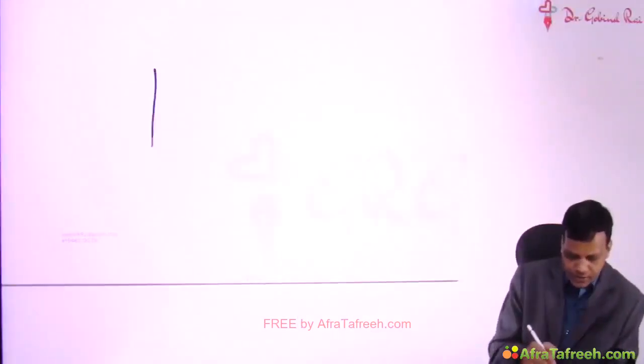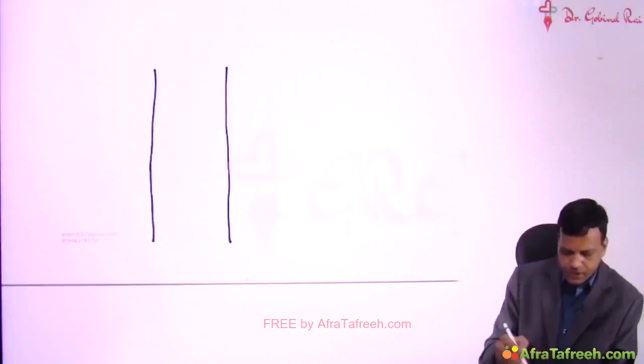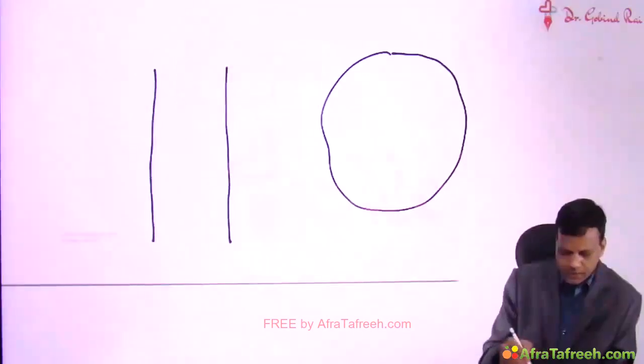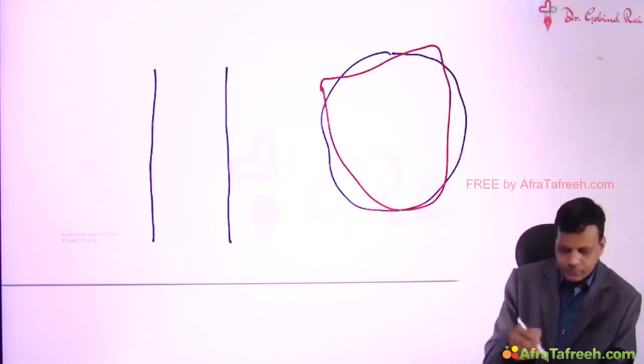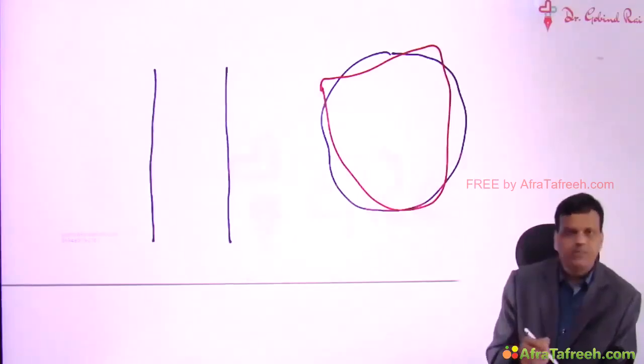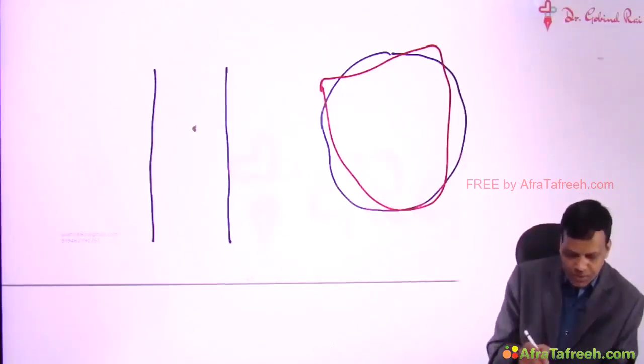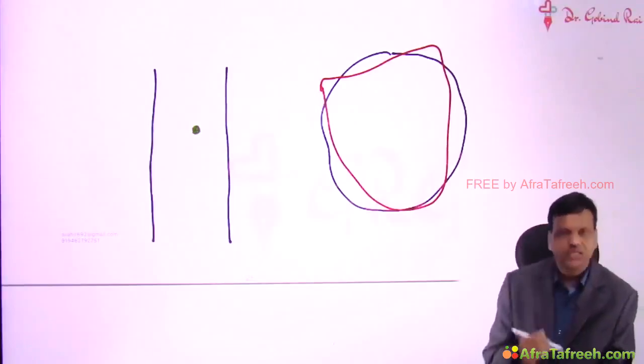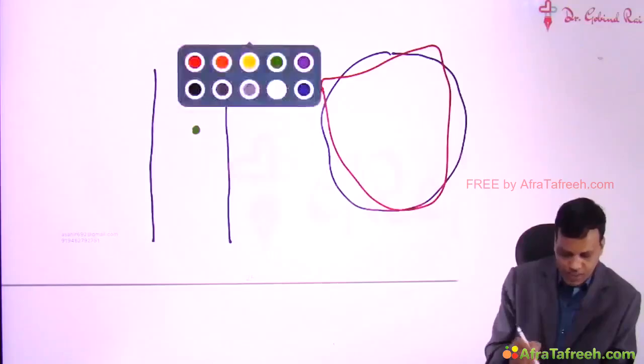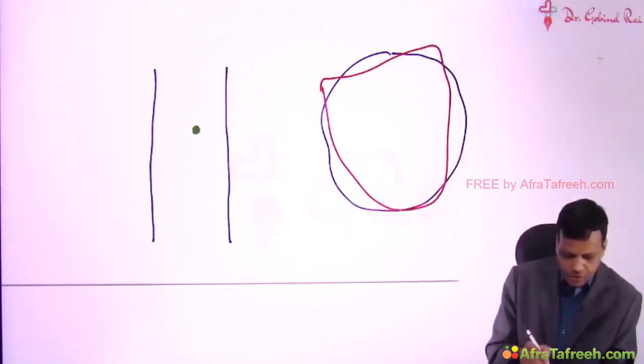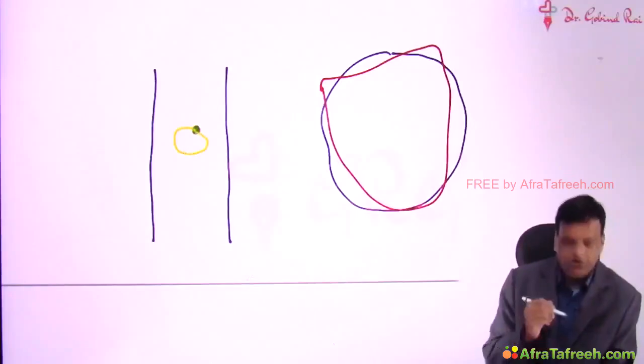Like this is blood, this is our brain, which is bounded by a blood-brain barrier. Normally in the blood, the bilirubin which is present, this green is bilirubin, remains bound to albumin. It is not free.